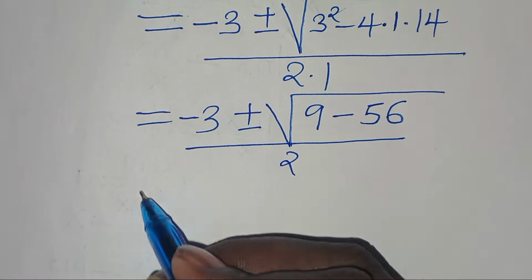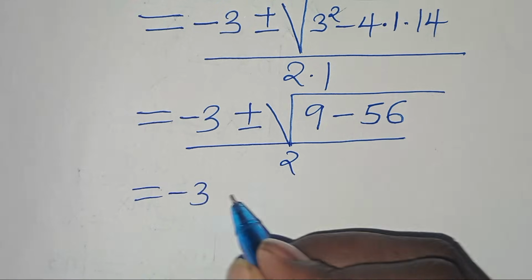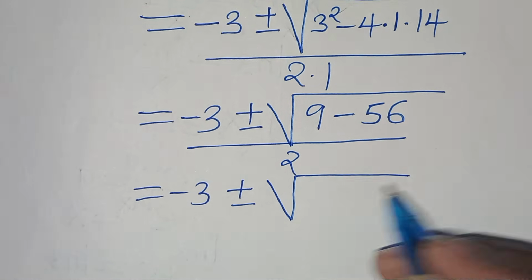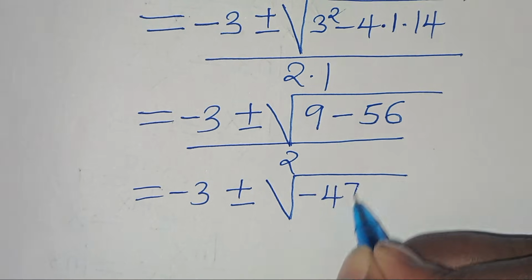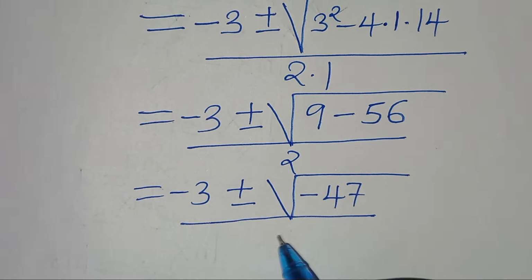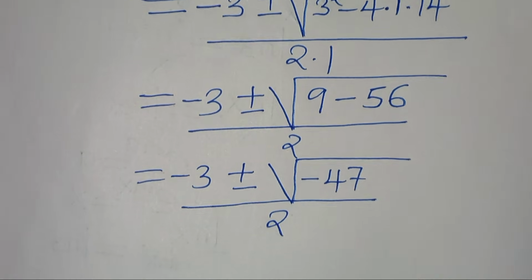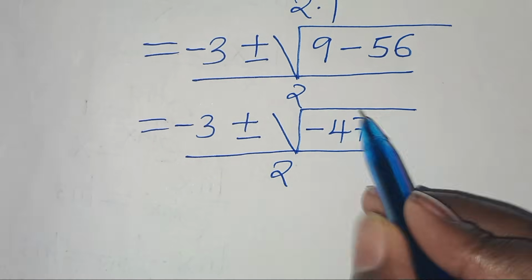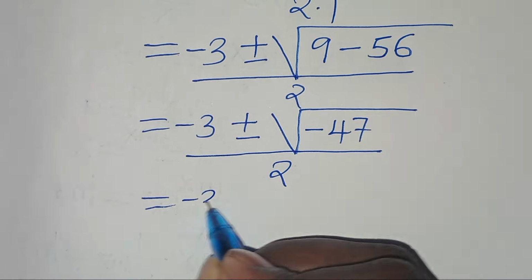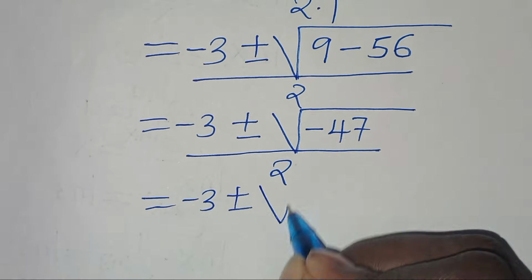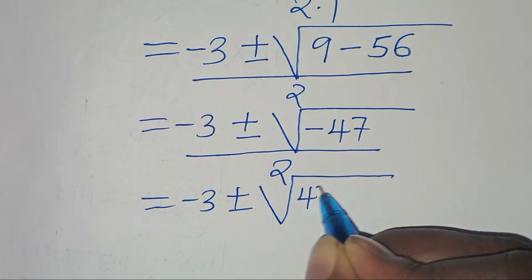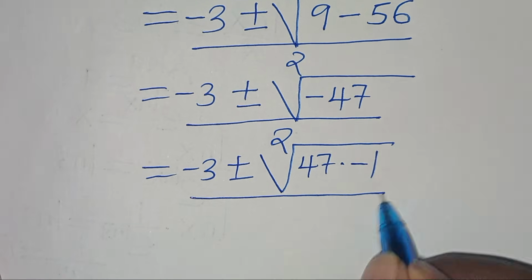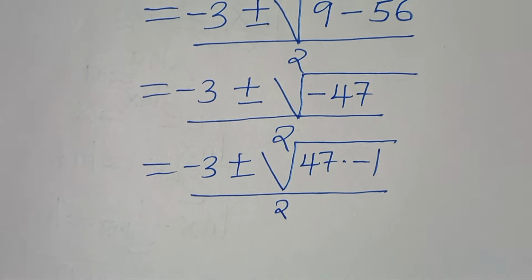And this implies that here we have minus 3 plus or minus the square root of 9 minus 56, this is minus 47, everything here divided by 2. Now we can express the square root of minus 47 as the square root of 47 multiplied by minus 1, everything divided by 2.